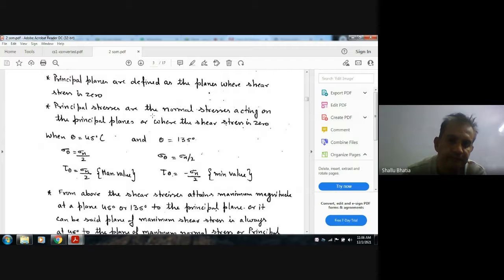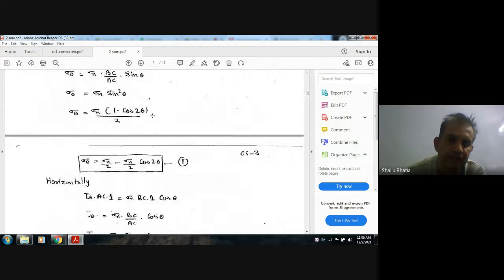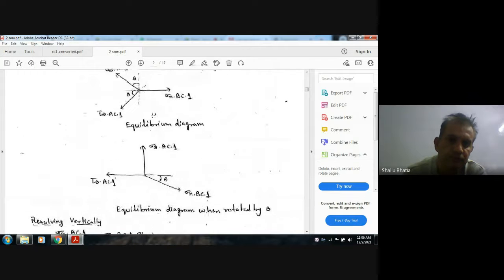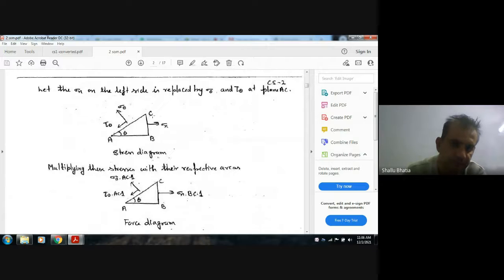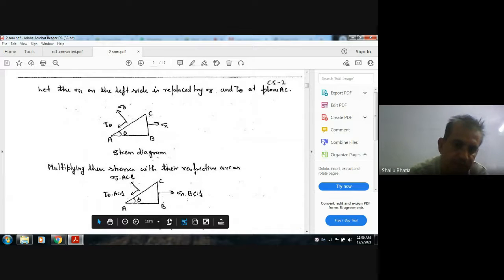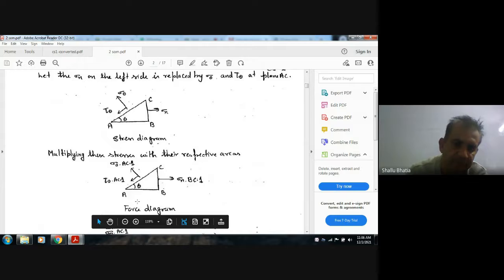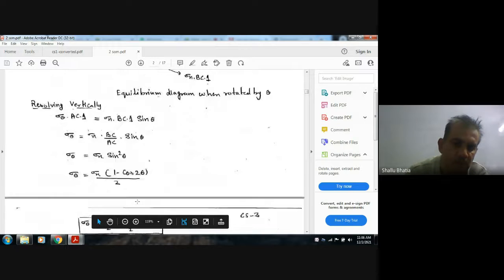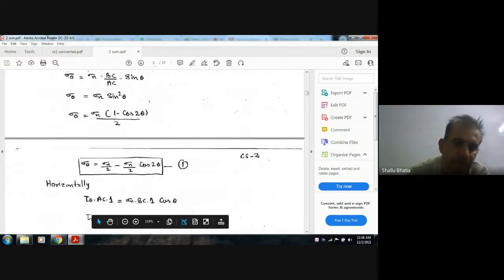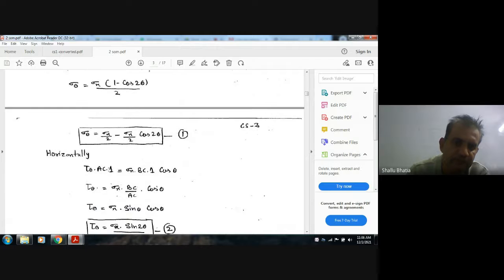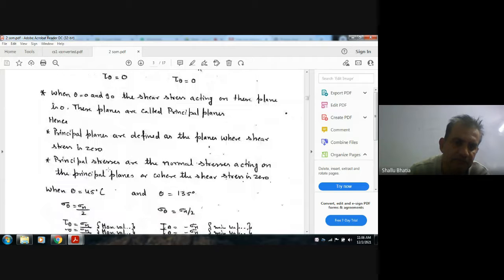Now, if we put theta equal to 45 in this case, then sigma theta will be, cos 90 will be 0, so sigma theta will be sigma x by 2.